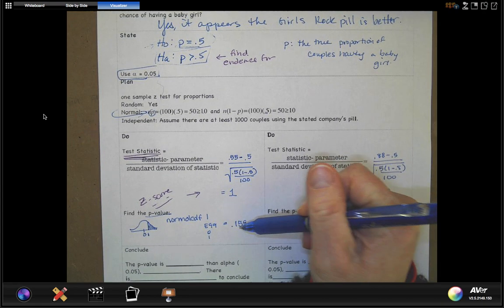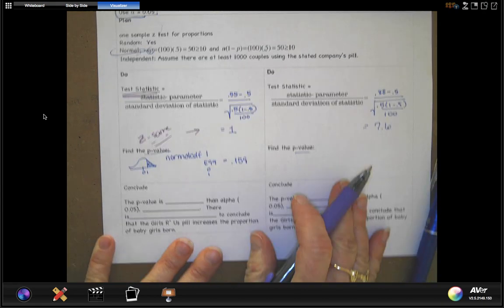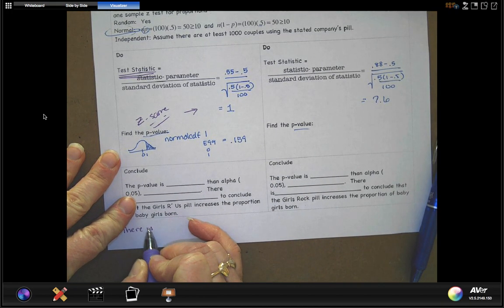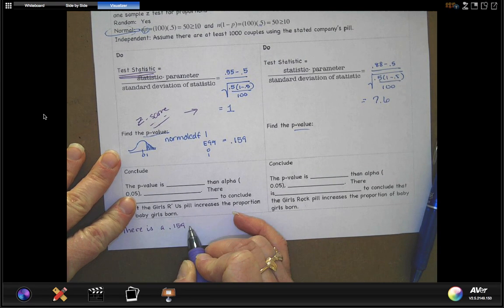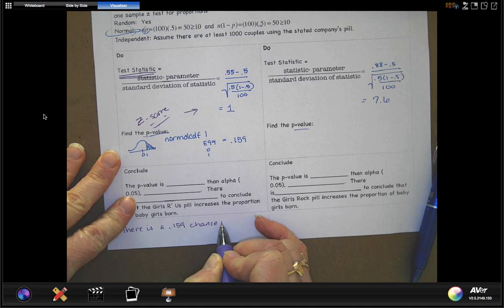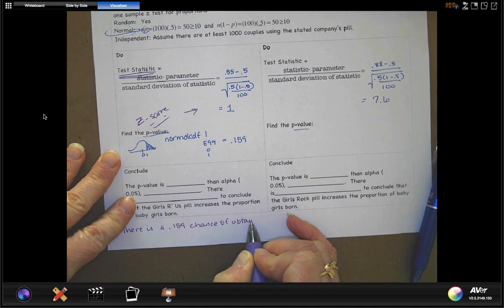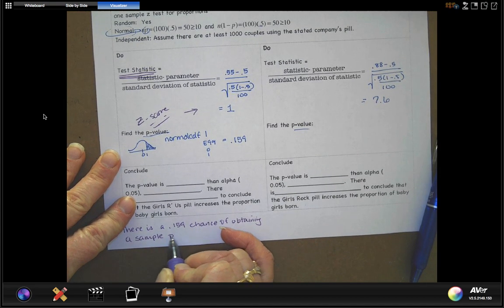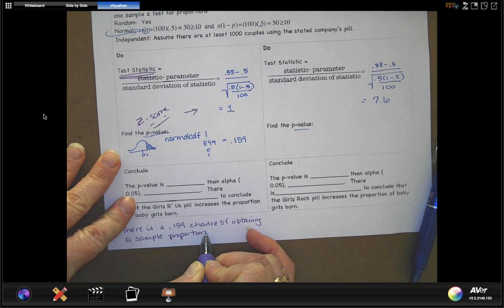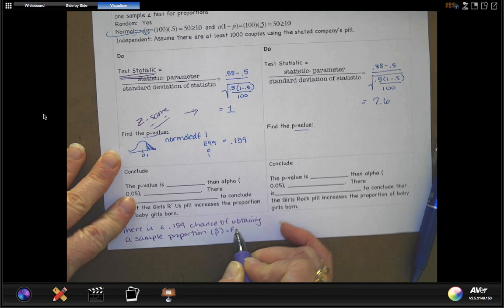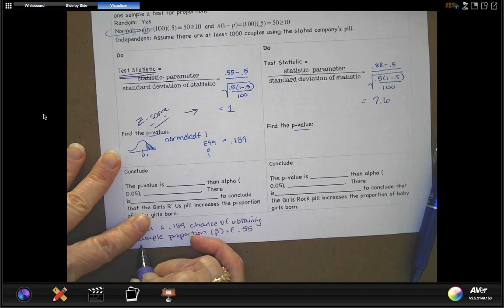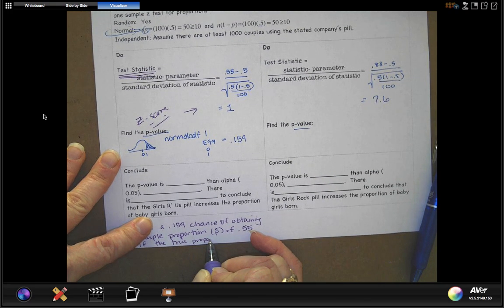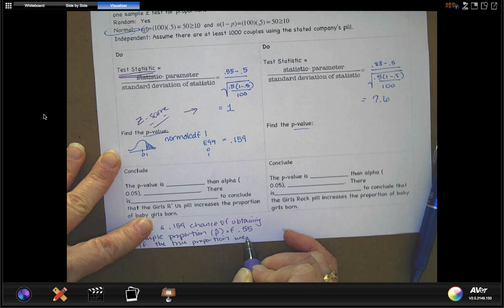So what's this saying here? Just to think about this p-value: there is a 0.159 chance of obtaining a sample proportion, so again, that's that p hat, of 0.55 if the true proportion were 0.5.